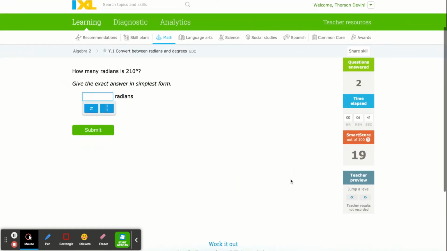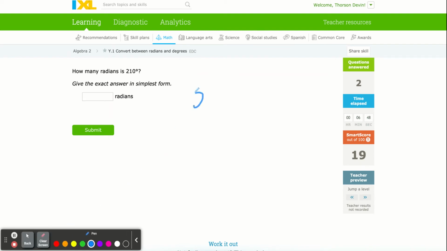Eventually, I believe, we're going to get some. Now we're not even doing multiple choice, but the process is exactly the same. Maybe I'll do this one. Going from 210 degrees, I'm going to multiply by pi over 180. And then I'm going to reduce. Both of these are divisible by 10, so that's 18 and that's 21.